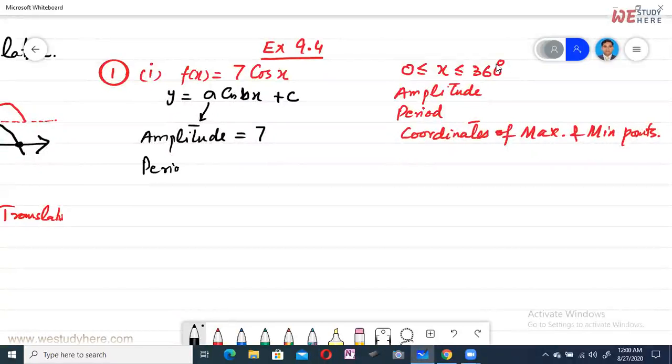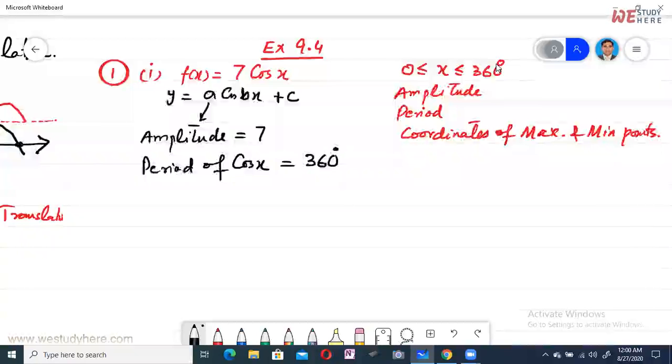The period of cos x is 360 degrees. If it is cos 2x, then 360 by 2; cos 3x, then 360 divided by 3. But here it is only cos x, so the period will be 360 degrees. As the given domain is in degrees, we have to write the answer in degrees. If it were from 0 to 2 pi, meaning radians, then our answer should be in radians.